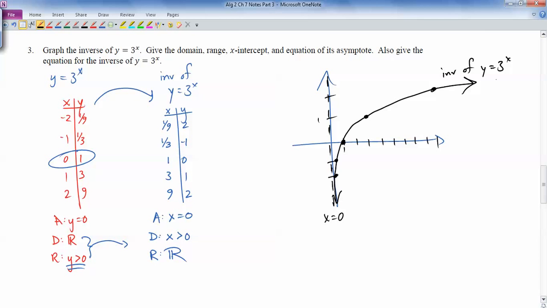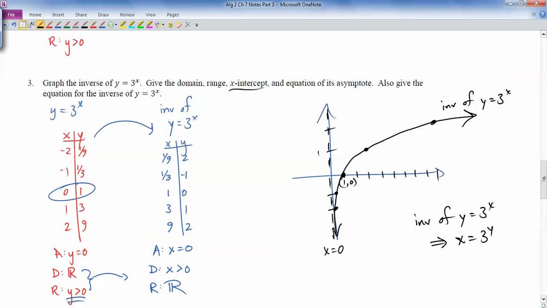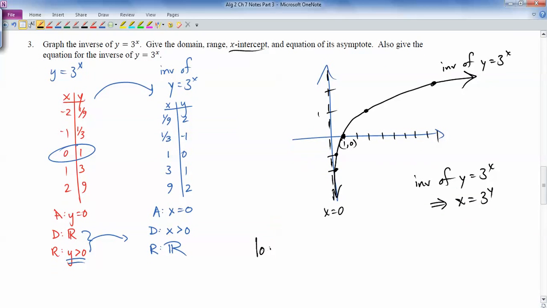Okay. We also need, oh, the x-intercept, by the way, is 1, 0, because it asked for that. Give the equation for the inverse. Well, the inverse of y equals 3 to the x is x equals 3 to the y. And then we need to rearrange that so we can get y by itself. Well, the way to do that is to use this formula.